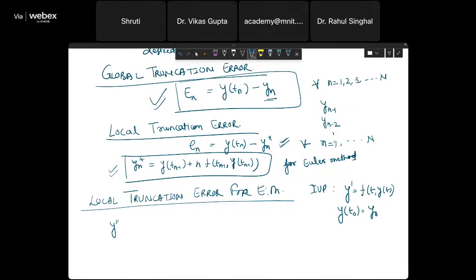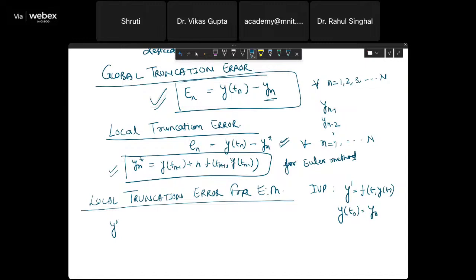Basically what we are saying is that the true solution of the initial value problem has a continuous second derivative. You may wonder that if we don't have the solution, how can we be assured about the continuity of this second derivative of the solution?